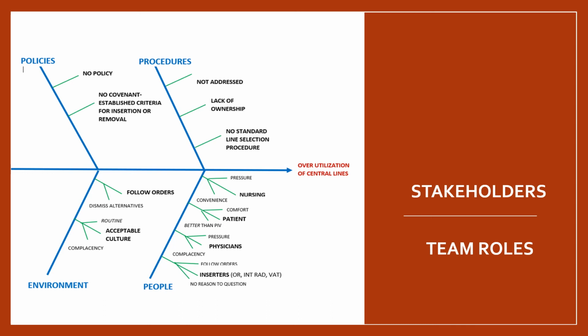So then the question was, what can we do that will be most effective at changing the whys? In short, the team decided to create evidence-based policies for selecting intravenous lines and removing them, develop a decision-making process and tool for assuring line appropriateness, and educating all the people impacted.